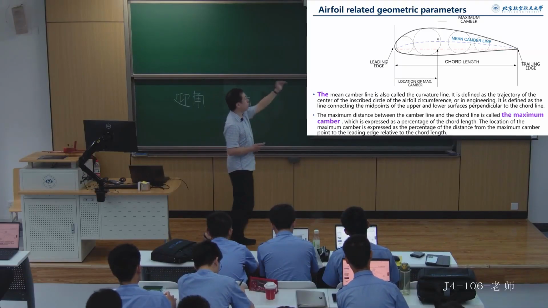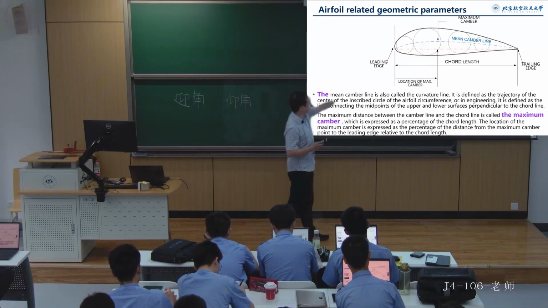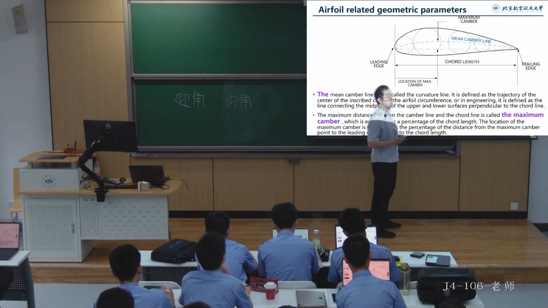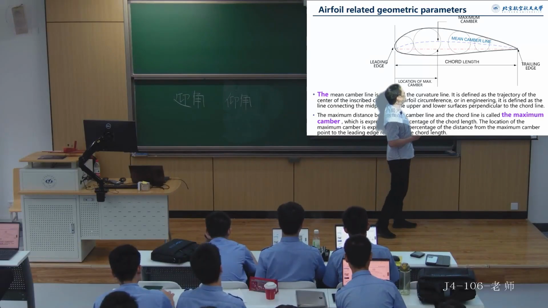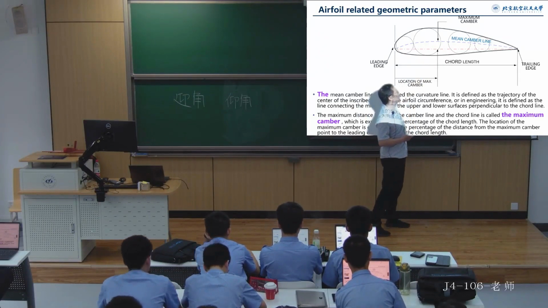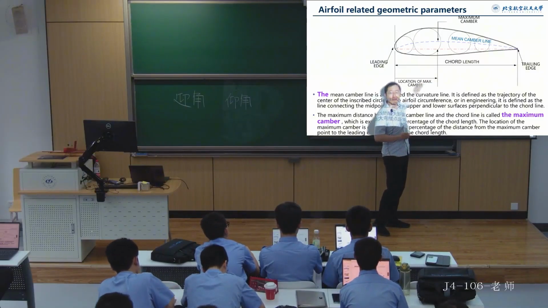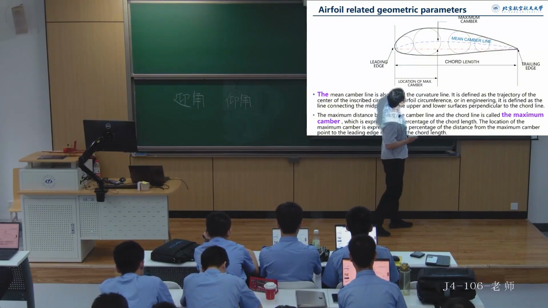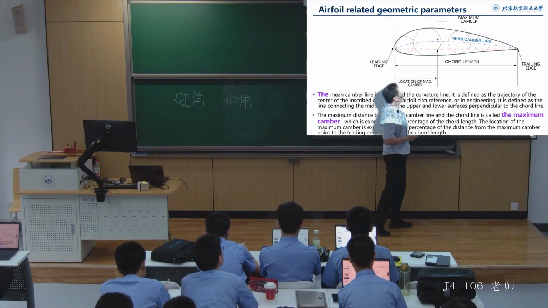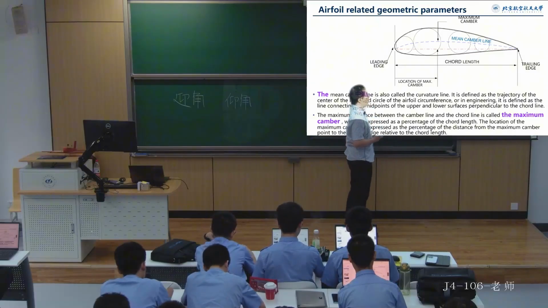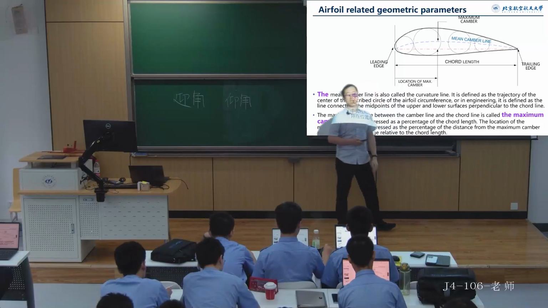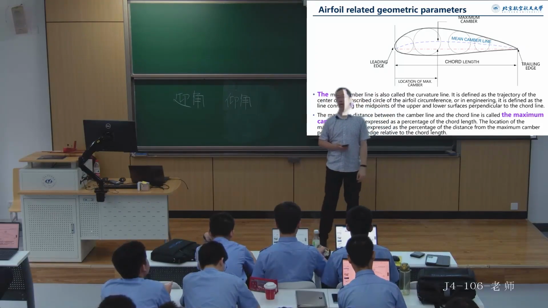Once we have the mean camber line, it has a certain relative relationship with the leading edge. Since it is a curved line that arches up, naturally, there will be a point, the point where it arches the most. We call this the point of maximum camber. The specific position where it arches up and the distance between this point and the chord line is what we call the maximum camber. By dividing this maximum camber by the chord length, we obtain a dimensionless quantity called the relative camber.